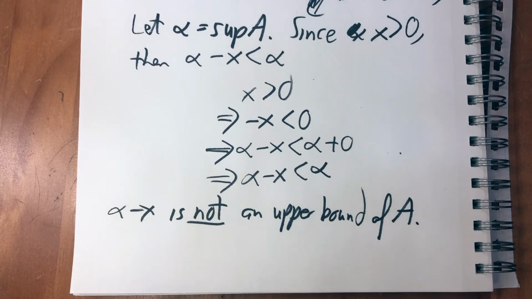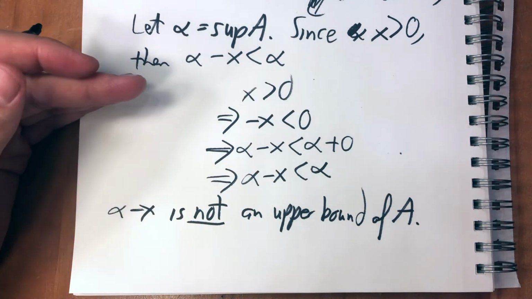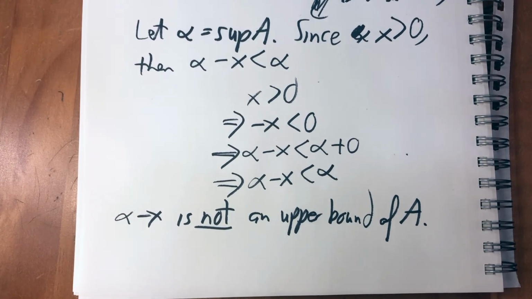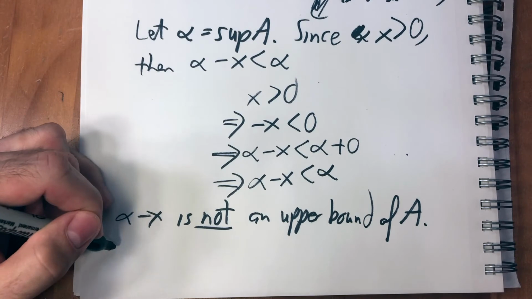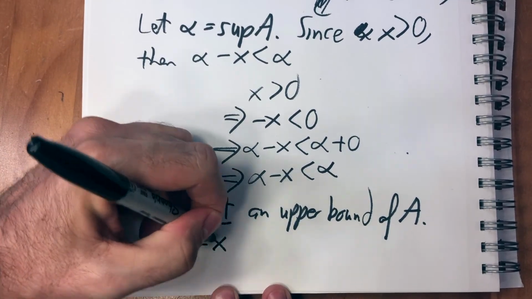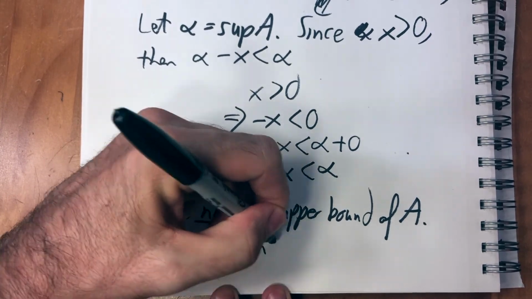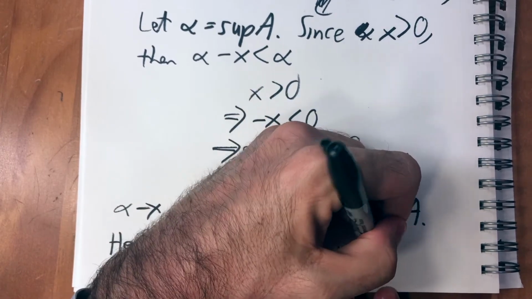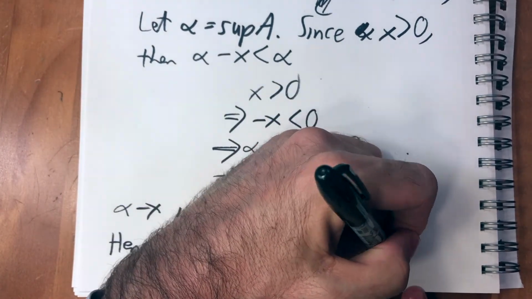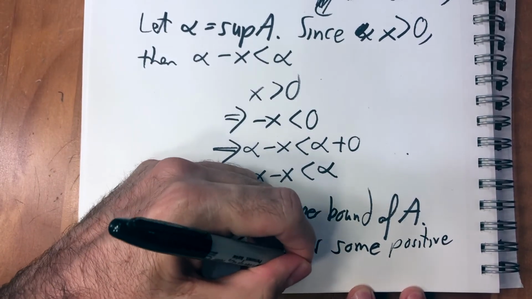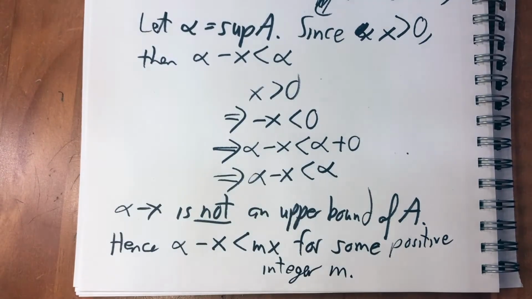If it's not an upper bound, what does that mean? That means that there has to be some element of A greater than this, because otherwise it would be an upper bound. So hence, alpha minus x is less than mx for some positive integer m, right?